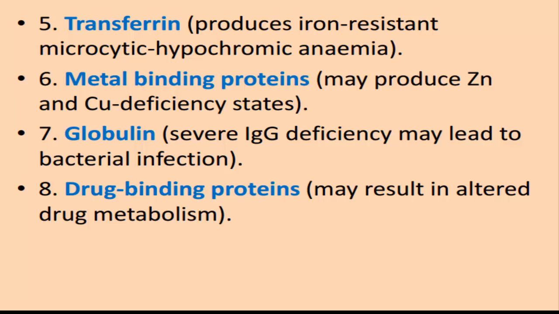Number 6, loss of metal binding proteins may produce zinc and copper deficiency states. Number 7, loss of immunoglobulin may lead to bacterial infection. And number 8, loss of drug binding proteins may result in altered drug metabolism.